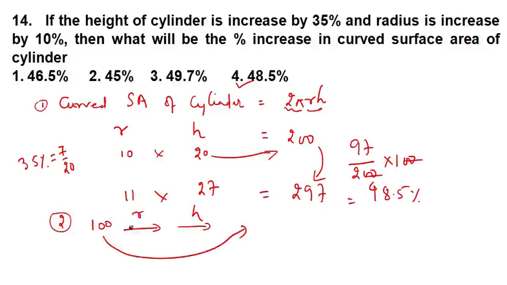It is mentioned that height got increased by 35%. Okay, I'll take this as height and this as radius because order doesn't matter, I have already told you. It got increased by 35%, then radius got increased by 10%.